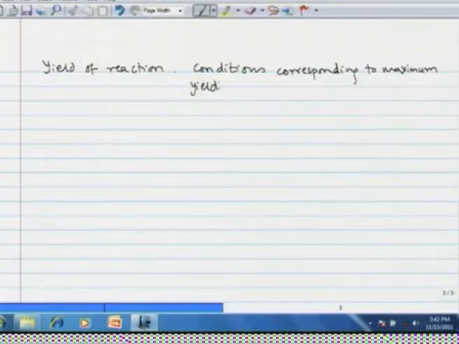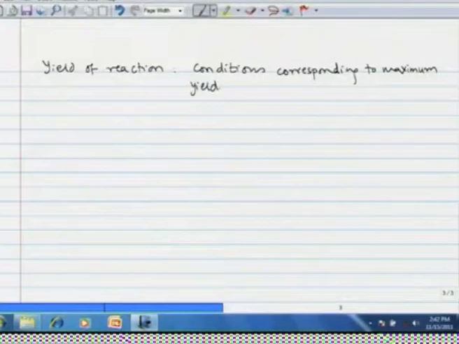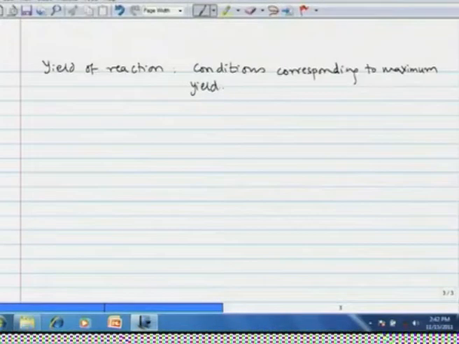Now, when a chemist conducts an experiment, he would try to get those conditions under which the yield is maximum. However, it is often observed that the conditions for maximum yield may not be the most economic conditions or optimum conditions for operation of the reactor, and at that point we should note.